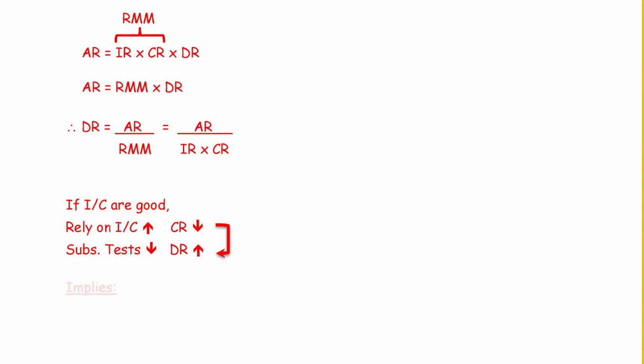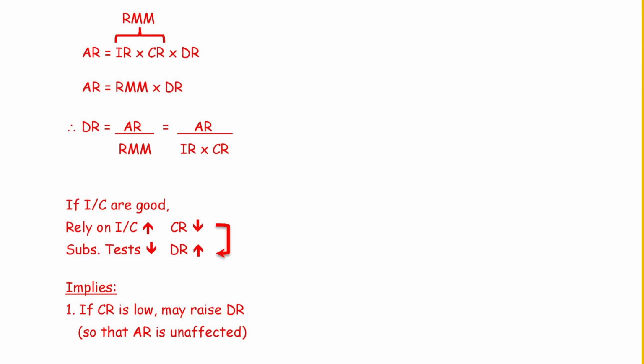There implies, number one, if CR is low, the auditor may raise DR so that AR is unaffected. So if the control risk is low, the auditor can afford to have a higher detection risk without increasing the audit risk.